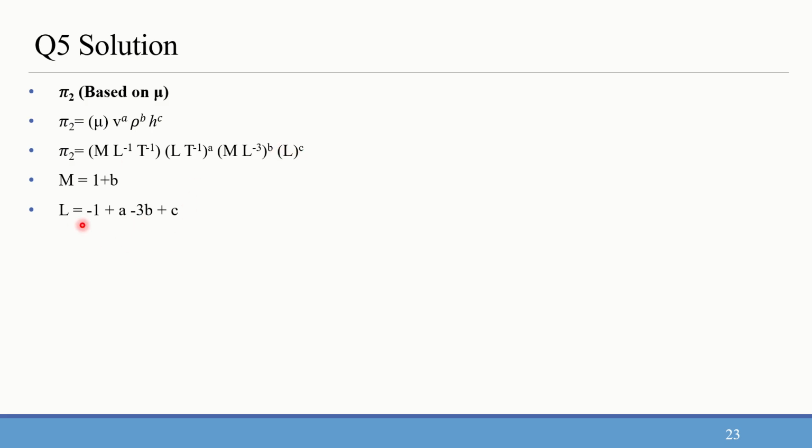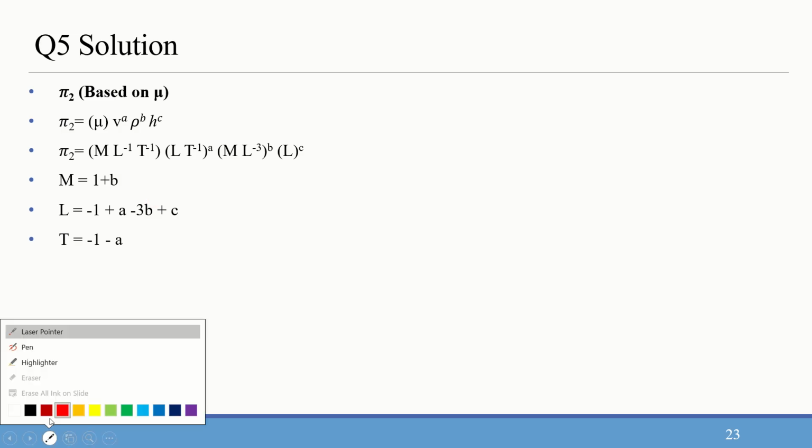So that is the unit for L. And for T, we will have minus 1 and it is minus a. So again we are equating everything to 0 because there are no dimensions on the other side. So it is minus 1 minus a is equal to 0, so a is equal to minus 1. And b plus 1 is equal to 0, so b is equal to minus 1.